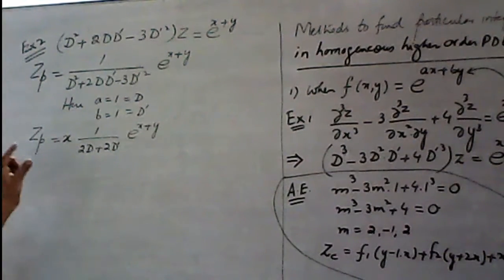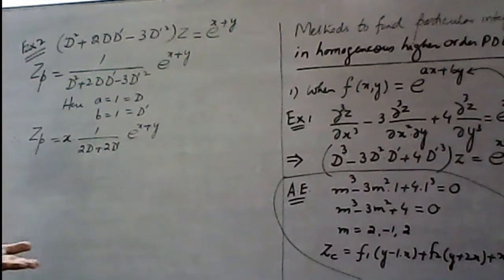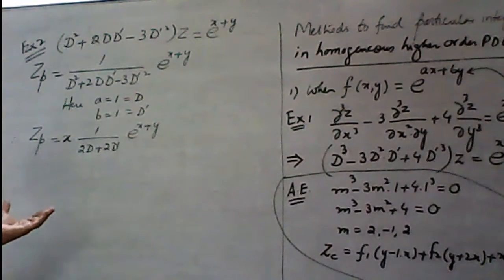I am doing exactly in the same manner as I did in higher order ODE: if the denominator is 0, then you need to differentiate the given thing.